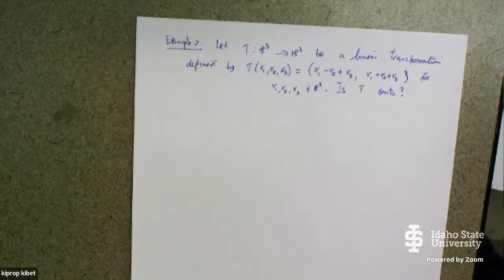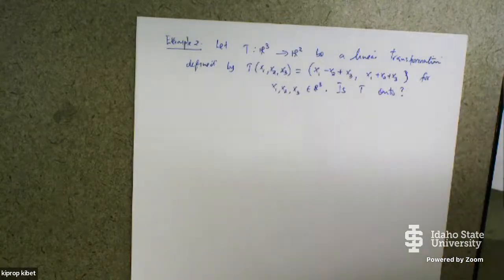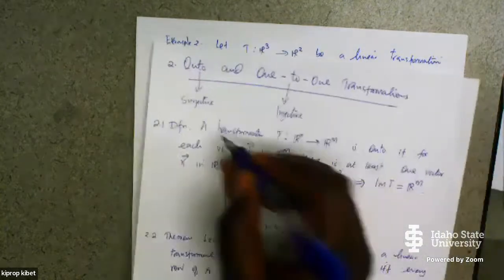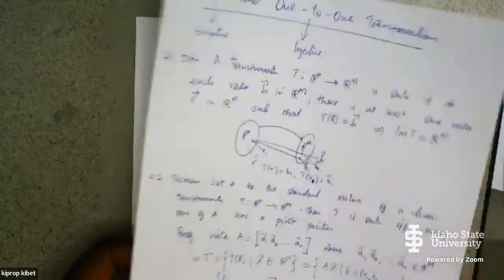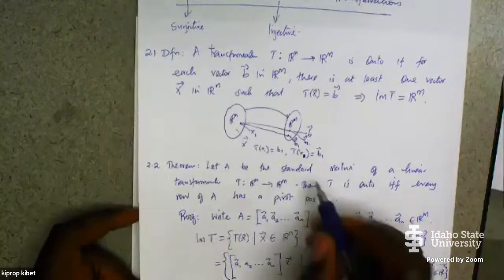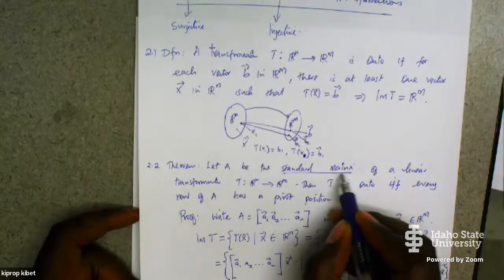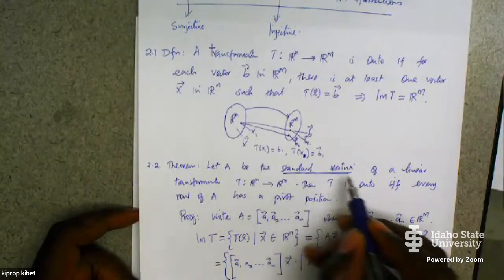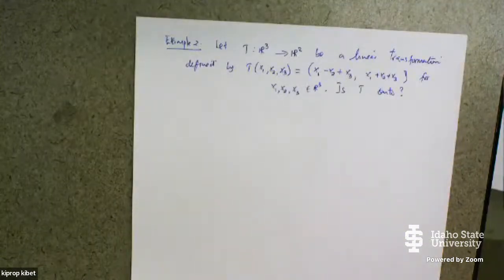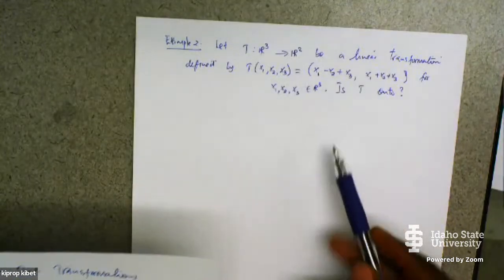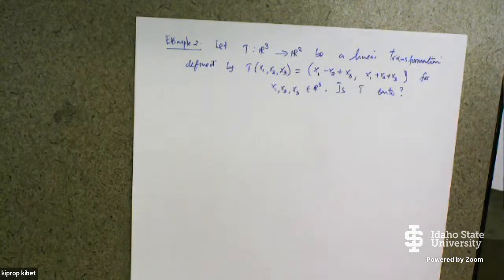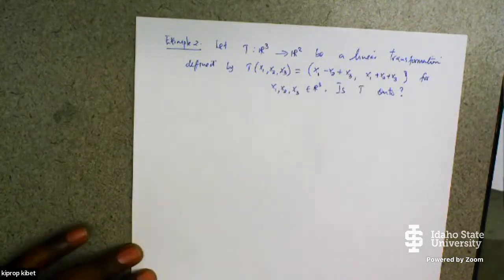Now, we said that for T to be onto, we let A be the standard matrix. So here we need to get the standard matrix.